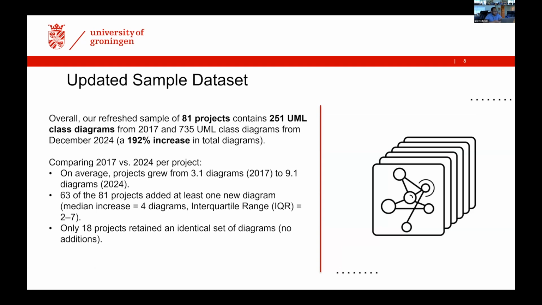The projects did grow from an average of 3.1 diagrams per repository to 9.1. 63 of them had at least one diagram increase. So that's some of the statistics about how much increase there is. That was just one part, to understand the data set and how many more UML diagrams we had.